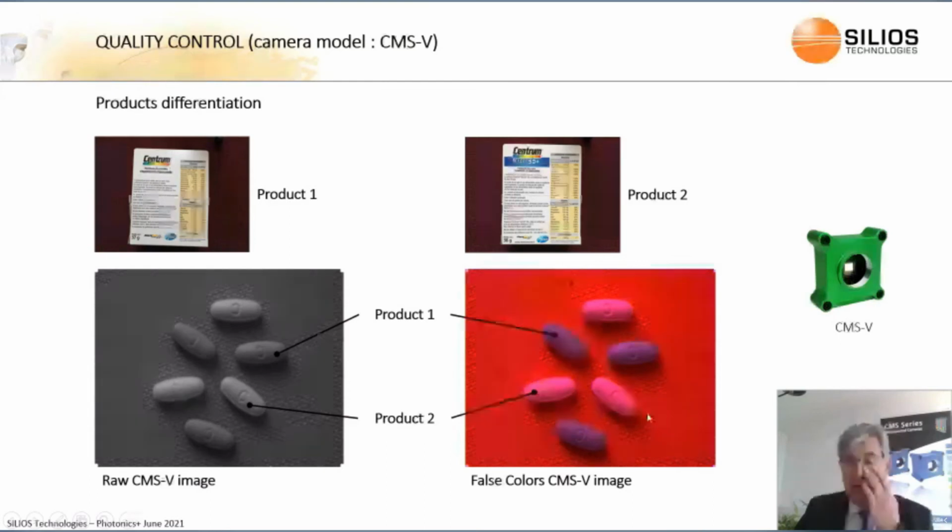And of course, with the false color image, it's much easier. So if you give that to a neural network process, it will distinguish very easily and quickly the two types of pills, that have two different types of content.